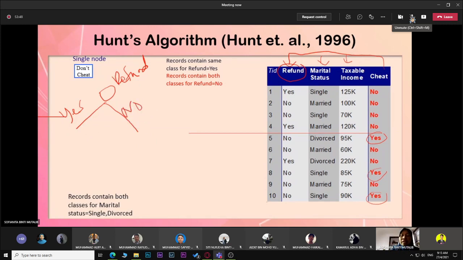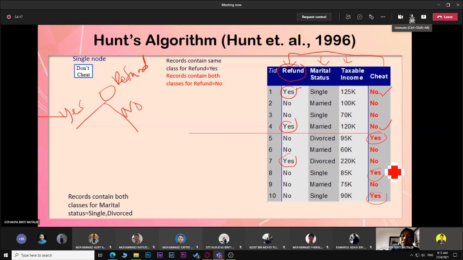Now let's look at the value of Refund equal to yes: 1, 2, 3. Can you follow? And check the class level for Refund equal to yes. What do you see? All no. So what do we do?